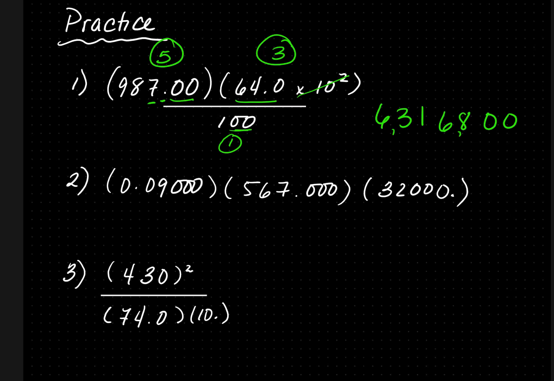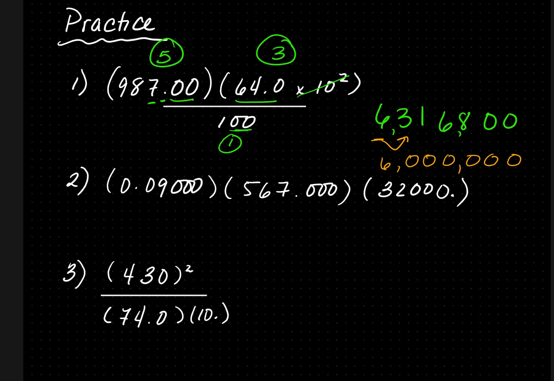So my final answer can only have 1 significant digit. Starting from the left, 1, I look 1 to the right, it is less than 5, so the 6 remains. Again, the 6 is in the millions place, so we must add zeros as placeholders.